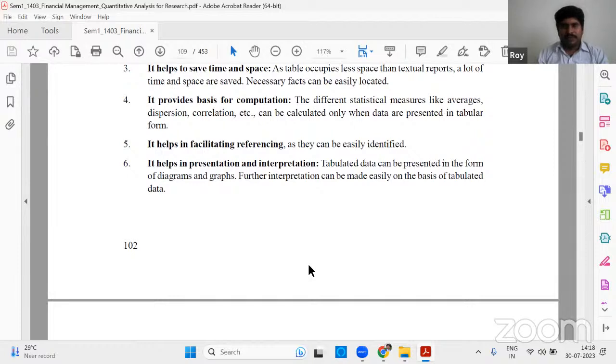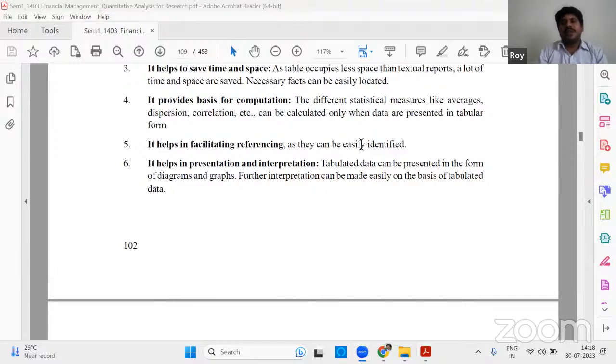For example, if I enter all your marks, we have 15 students here. If I enter all the marks for the statistics subject, who got the highest mark? How will I know that?